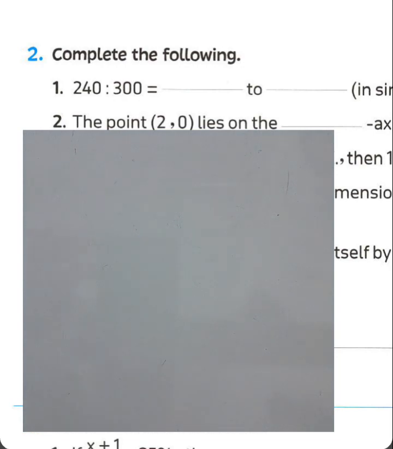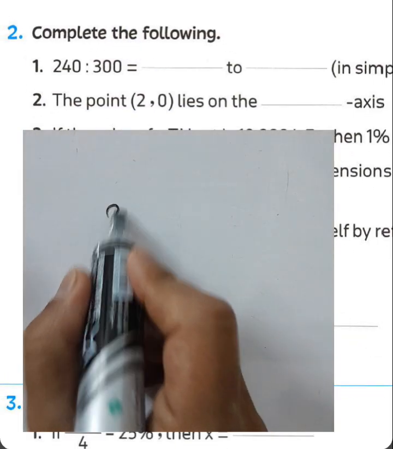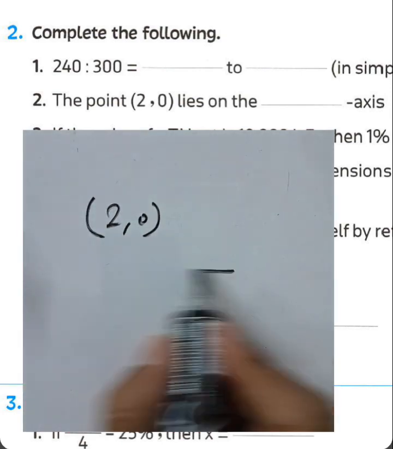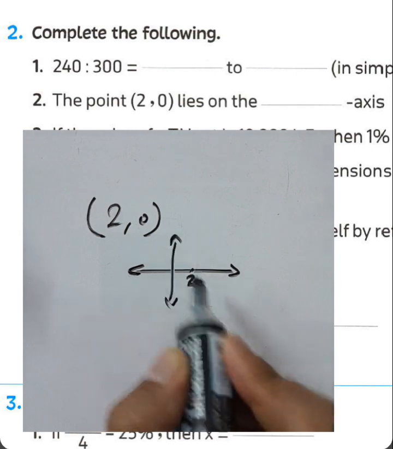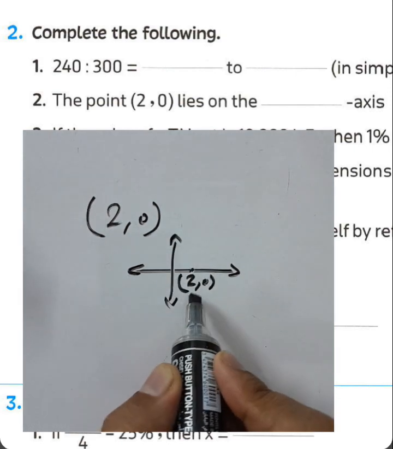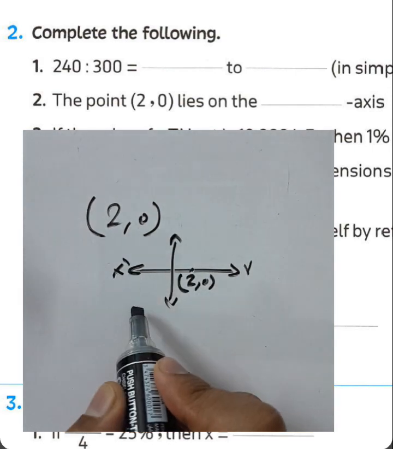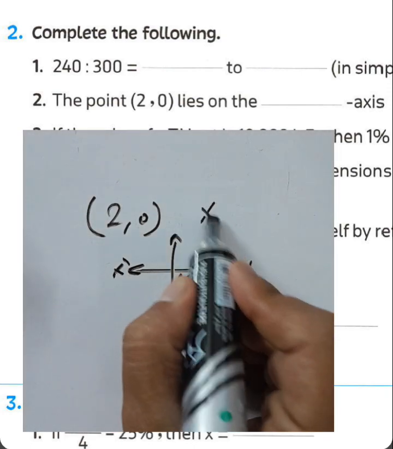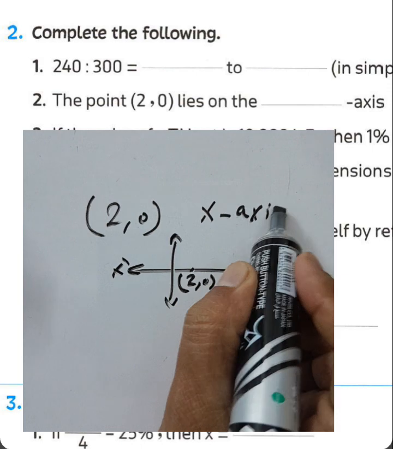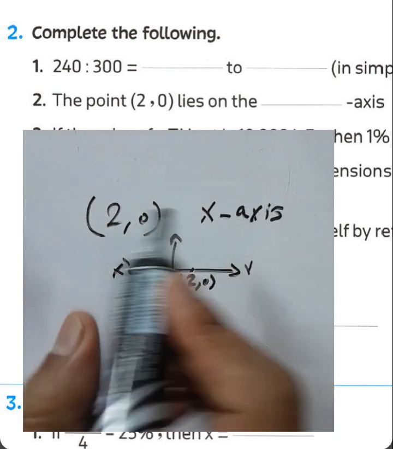Number 2, the point 2 and 0 lies on this axis, where 2 and 0 lies in the x-axis. We have here this point, the order of it, 2 and 0 lies in the x-axis. We have x and y.